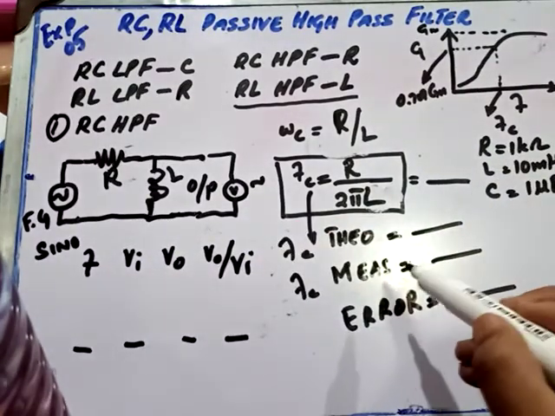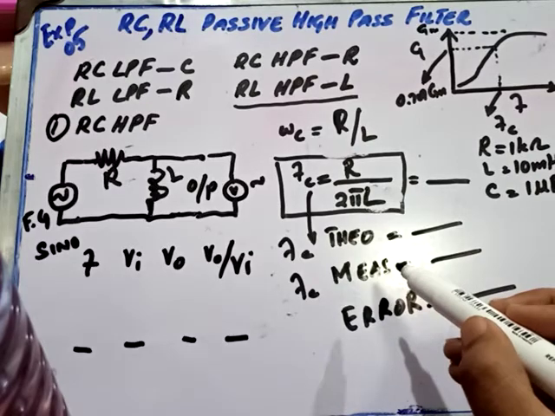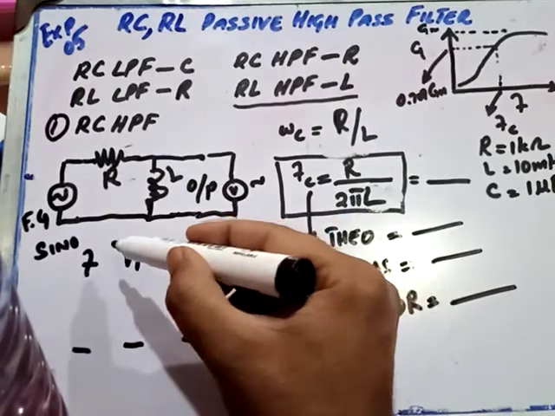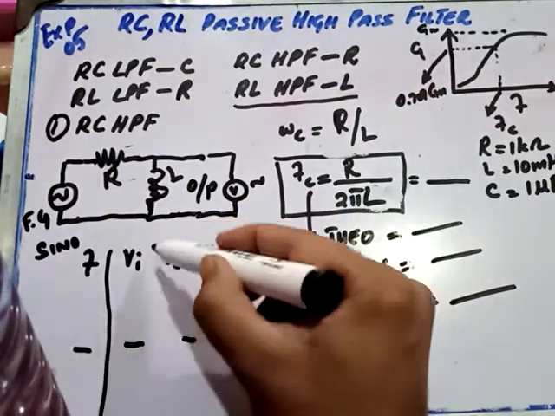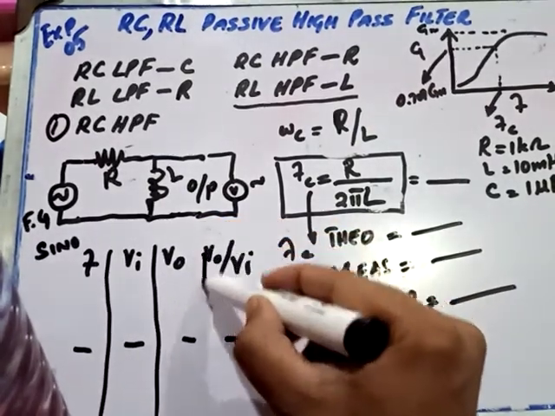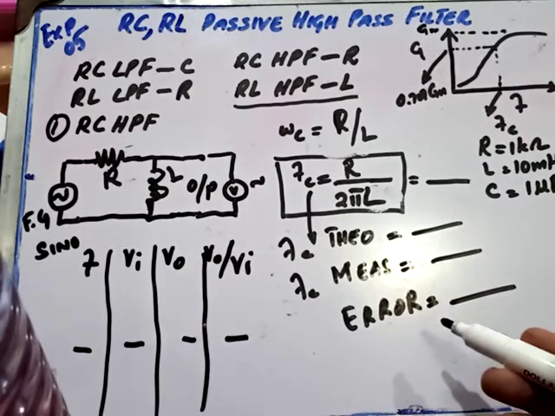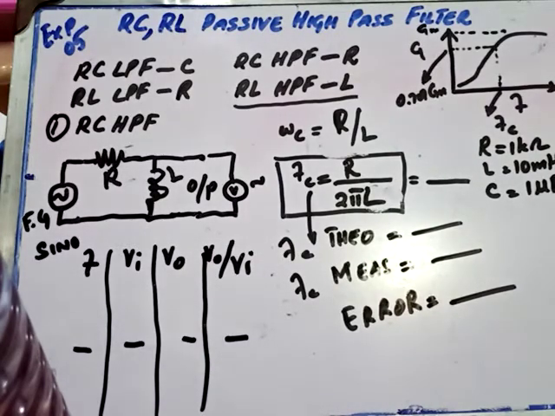You will have the measured value of the cutoff frequency. You will have the measured values as you already had for the other part. In the end, you are going to do the error analysis. So this is how it is supposed to be done practically.